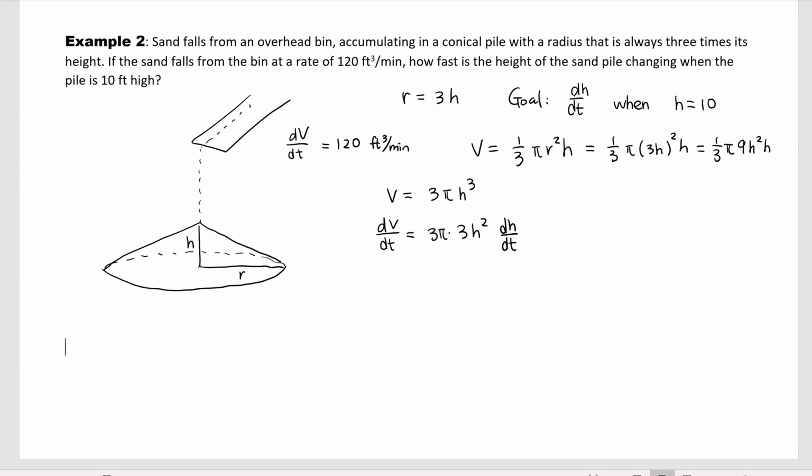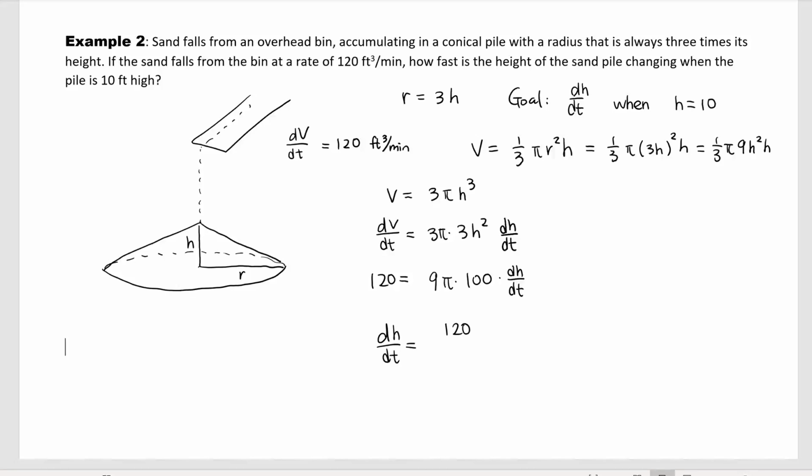Okay? So here dv dt is 120. And then 3 times 3, that's 9 pi h squared. So we're looking for dh dt at the moment when h is 10. So h squared is 100. And then we have dh dt. Let's solve for dh dt.